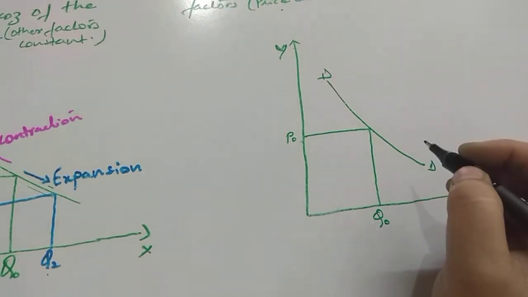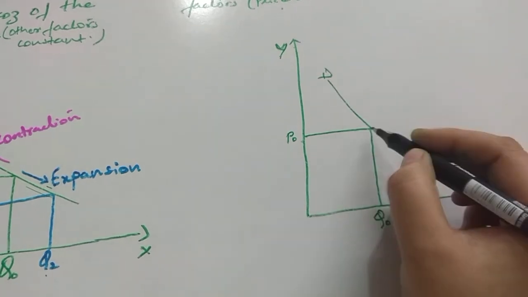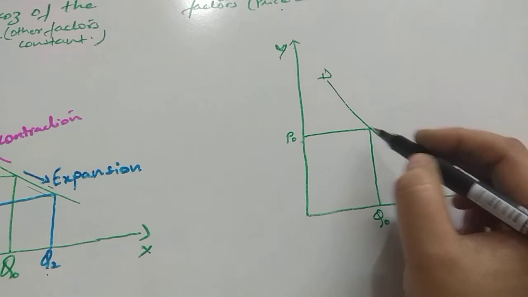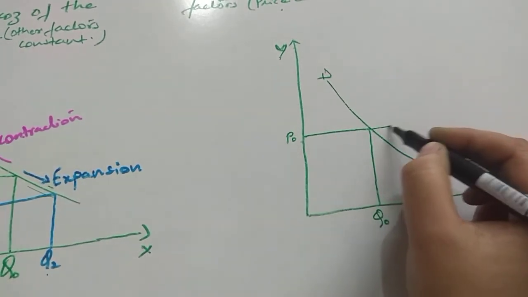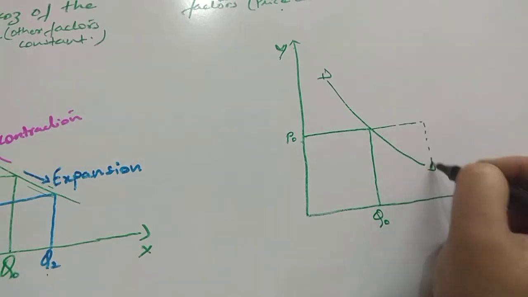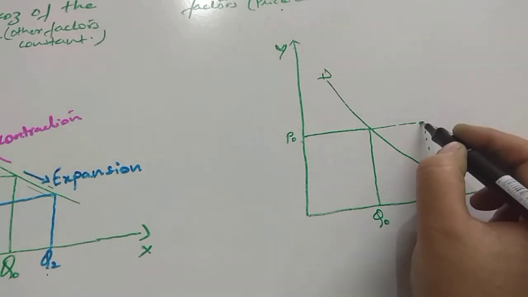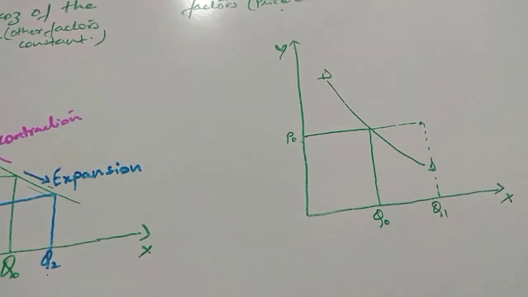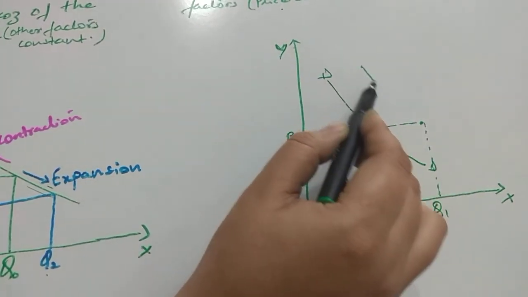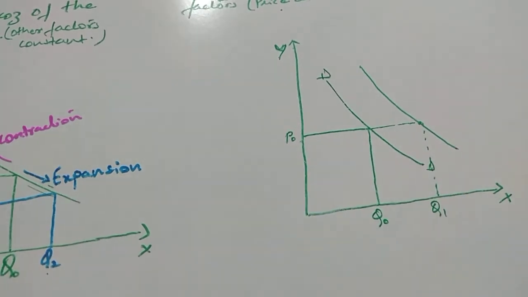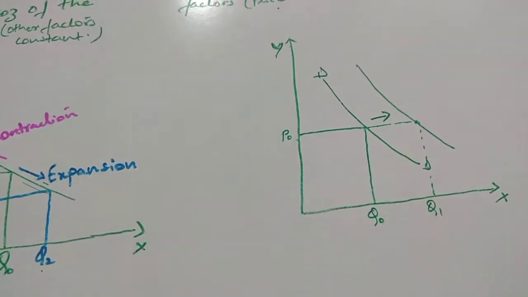So if the income of the consumer increases, he would definitely demand more of the commodity at the same price. He will want to buy more units at the same price. So here, this is Q1. At the same price, he wants to buy Q1 units of the commodity. So in this case, the entire demand curve shifts towards the right.